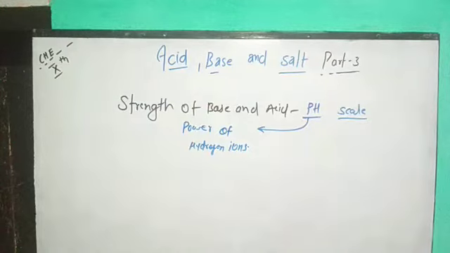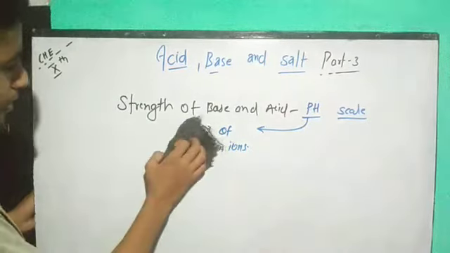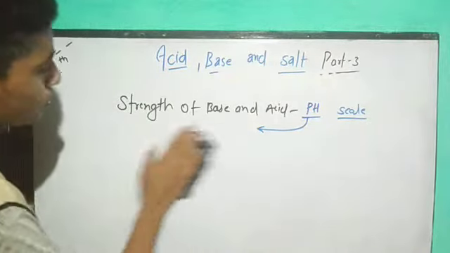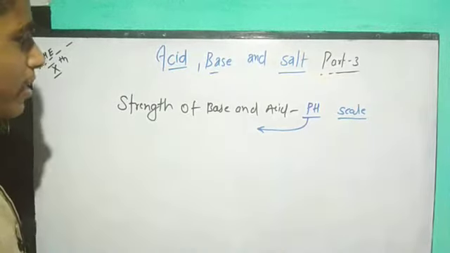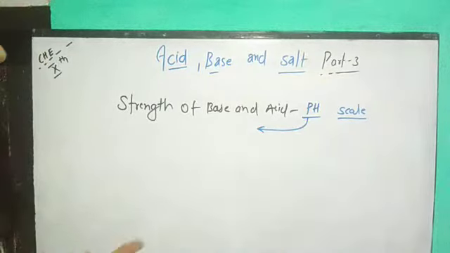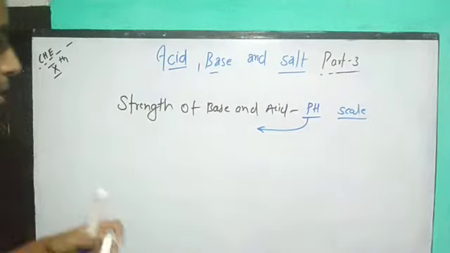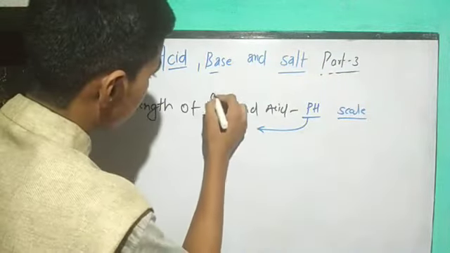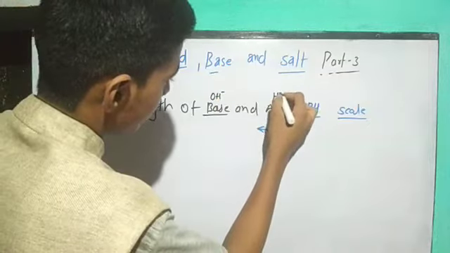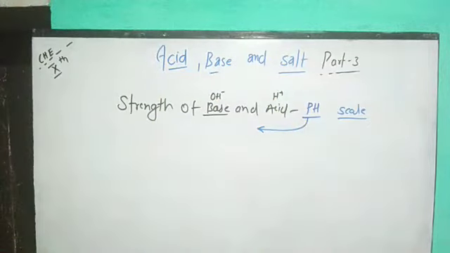Now we are going to see about the strength of acid, then we will go through the strength of base. Actually, we are already familiar that every acid solution contains H plus ion. Here let me write OH minus and H plus. Now let's see about their strength.